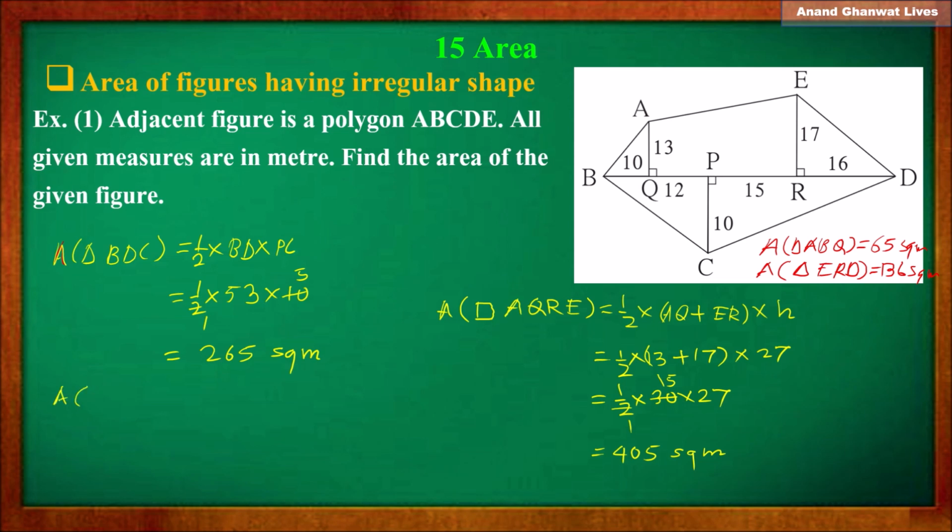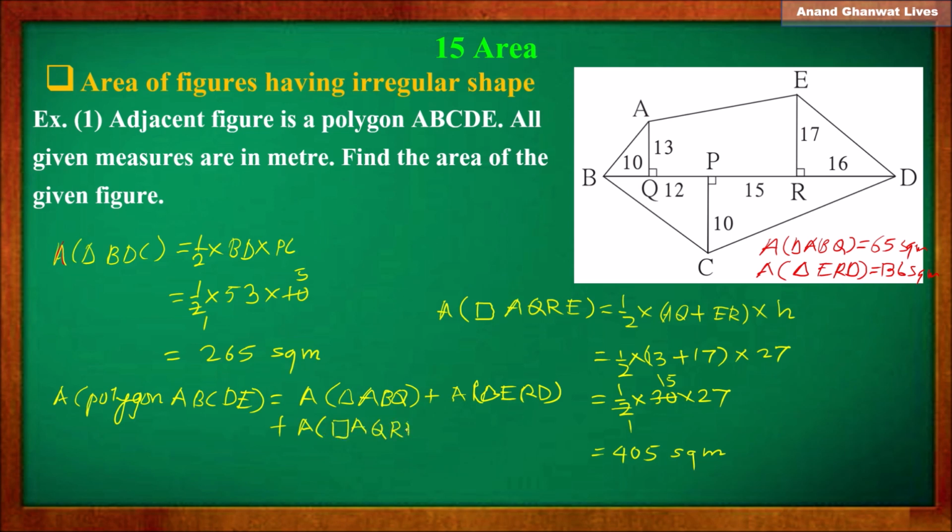Area of polygon ABCDE is equal to area of triangle ABQ plus area of triangle ERD plus area of quadrilateral, which is a trapezium AQRE, and plus area of triangle BDC.